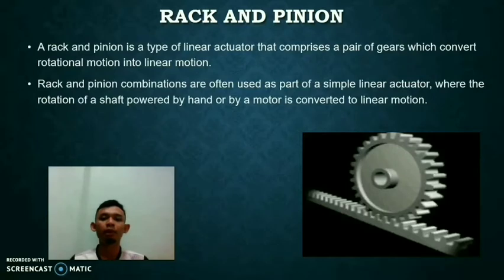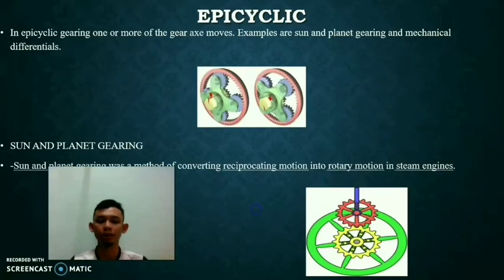Rack and pinion gear is a type of linear actuator that comprises a pair of gears which convert rotational motion into linear motion. Rack and pinion combinations are often used as a simple linear actuator, where the rotation of a shaft powered by hand or by a motor is converted to linear motion.